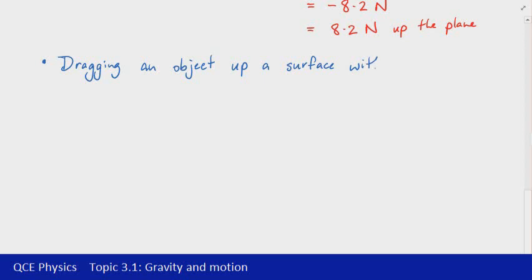This basically now just means we have to consider what's happening with the frictional force. Again, the analysis is going to be similar to an applied force on a frictionless incline, but we have to consider friction here as well.